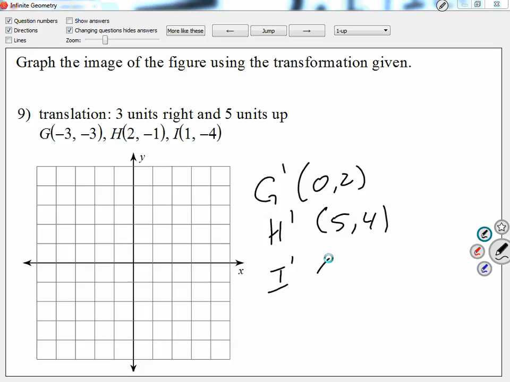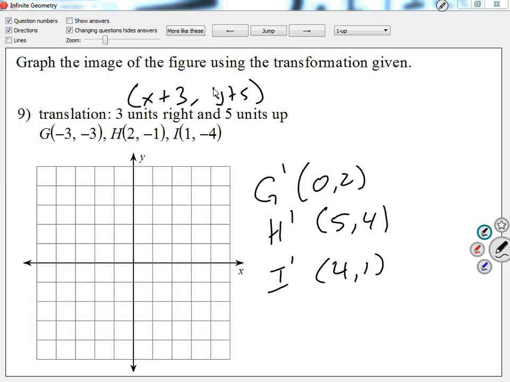What do you guys get for I prime? What is it? 4, 1. Nice. Alright, I gave this to you guys in words. If you guys would have gone x plus 3, y plus 5 to understand it better, you could have done it. Alright, we added 3 to the x, added 5 to the y.